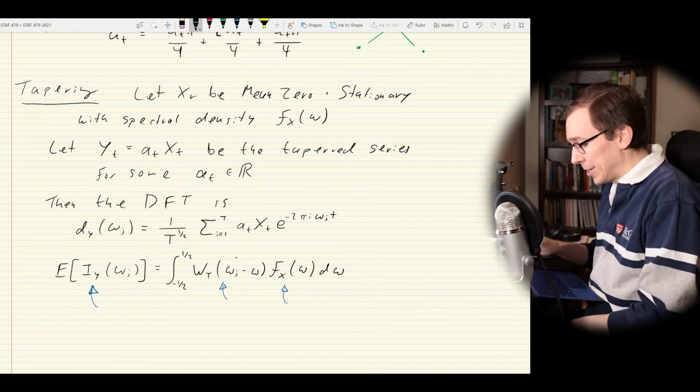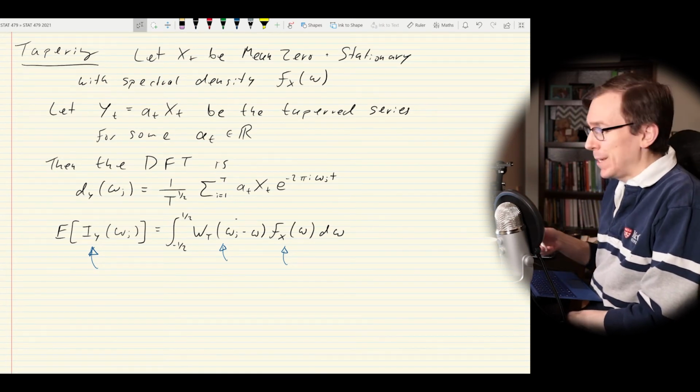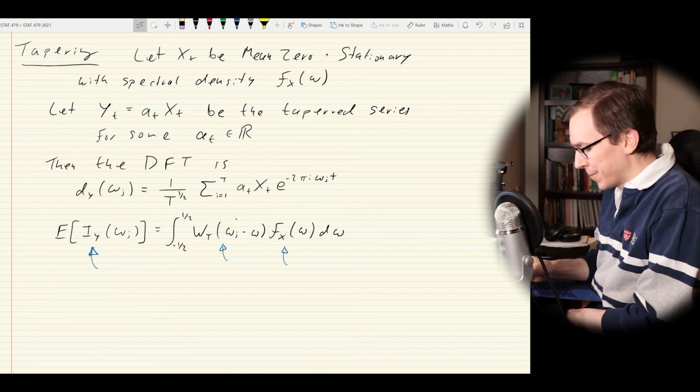A lot of terminology, but there's some intuition here, which should hopefully help us. But first, I have to write down all this stuff.